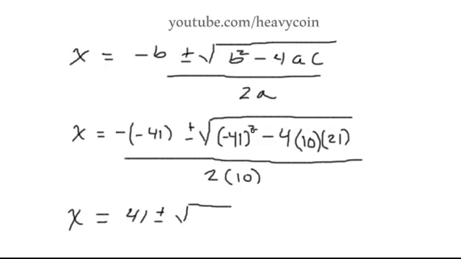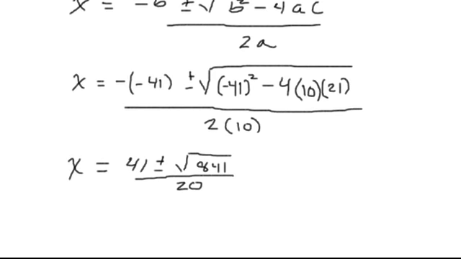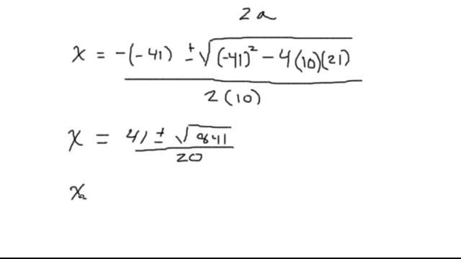Alright, so underneath the radical here, I am getting 841, and this is all over 20. And so we're going to have square root of 841 is 29, and that's all over 20.